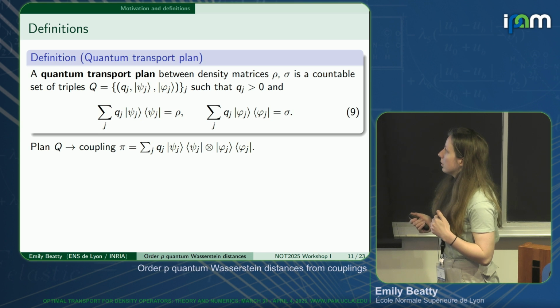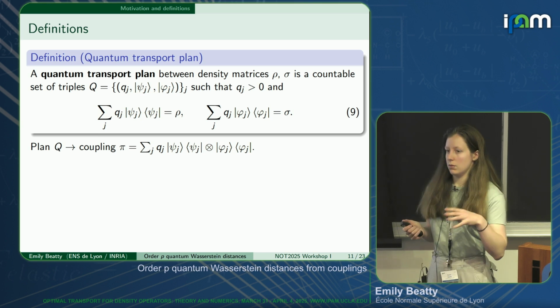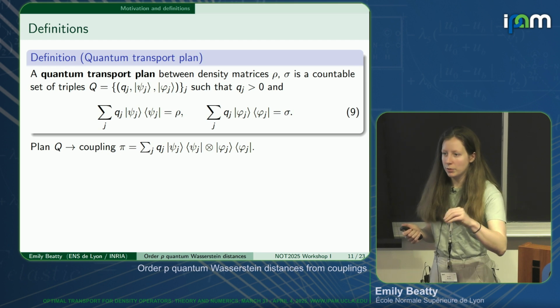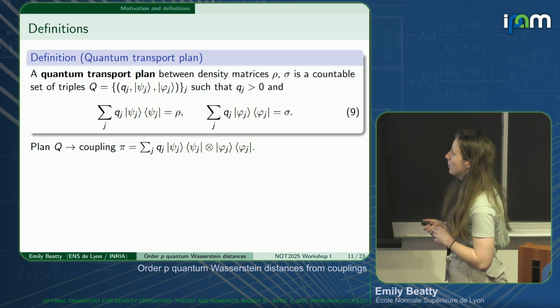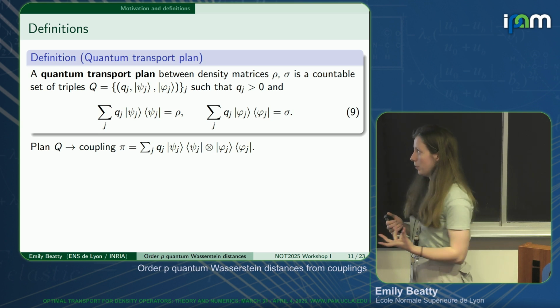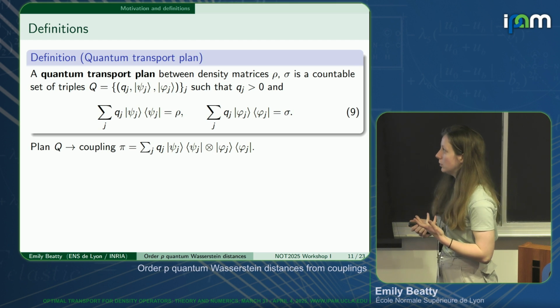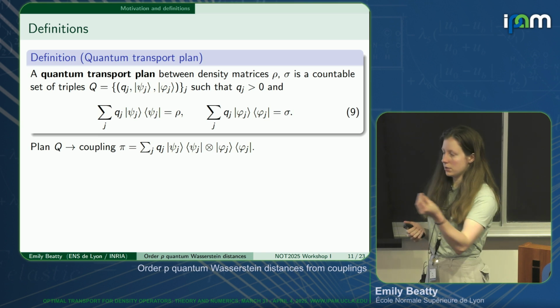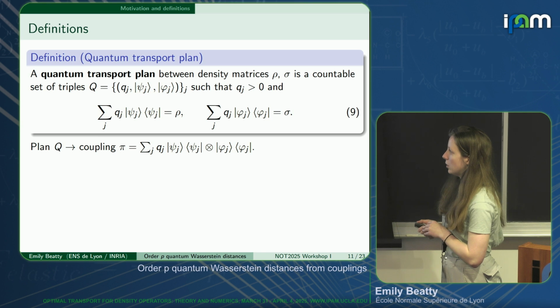I should add, couplings here get a little bit messy, but we will recover them eventually. So between any two states, rho and sigma, we define a quantum transport plan as a set of triples where the way you should interpret this is essentially a set of instructions for how to transport the mass of rho onto the mass of sigma by you take qj amount of state psi j and transport it onto state phi j.